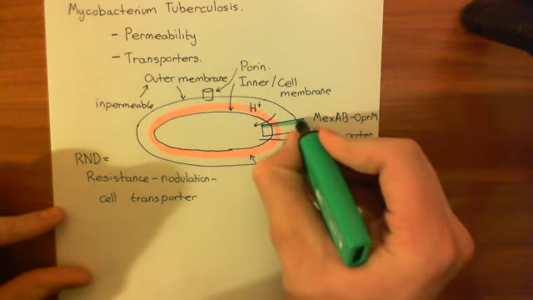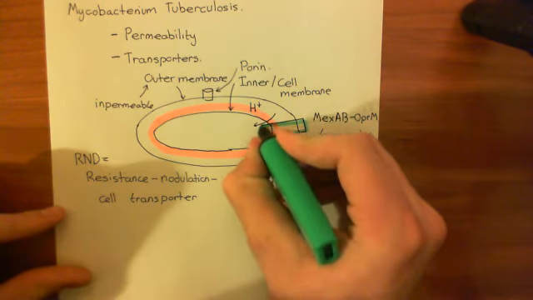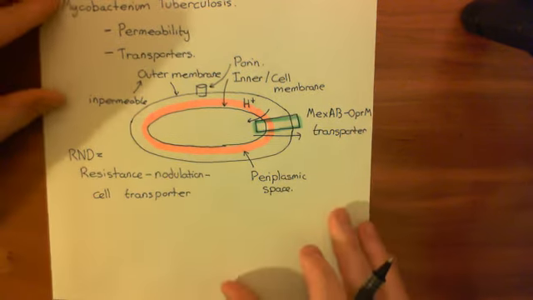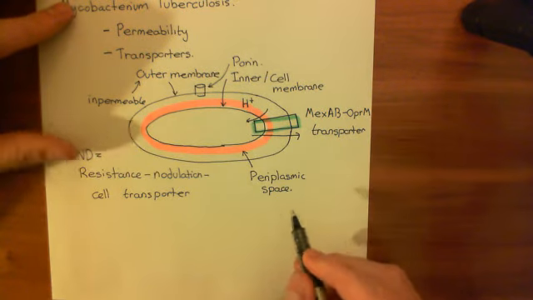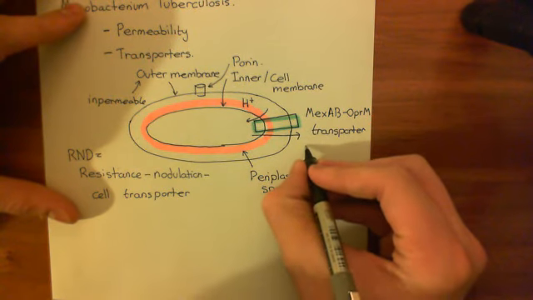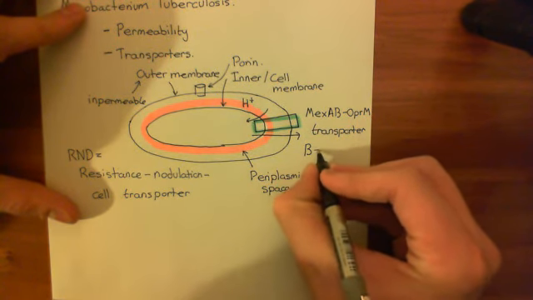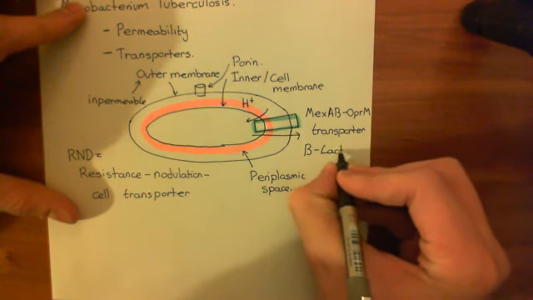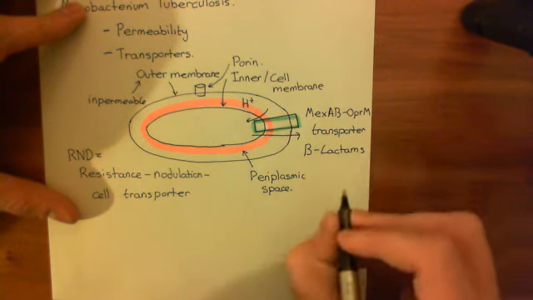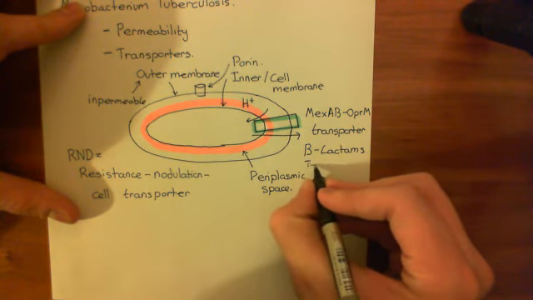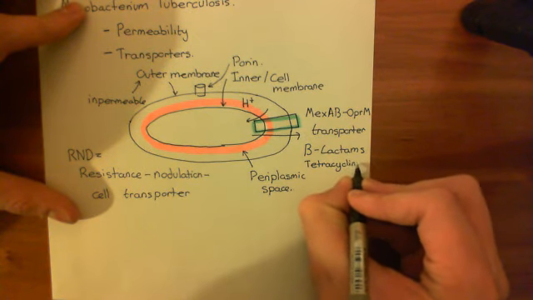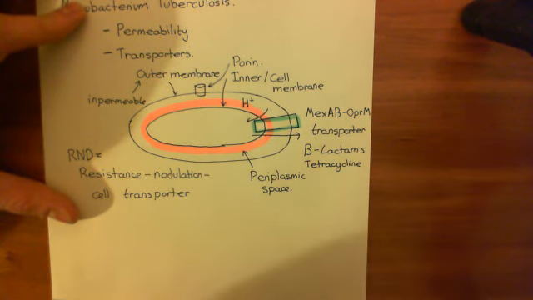So this is the MexAB-OprM transporter here in green, and it uses this secondary active transport mechanism to extrude a huge array of drugs. It extrudes the beta-lactams, so not just the penicillins, but all the carbapenems, the cephalosporins, the monobactams. It extrudes the tetracyclines, so doxycycline, tetracycline, minocycline all get transported out.